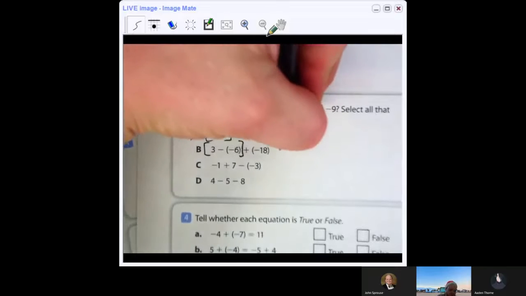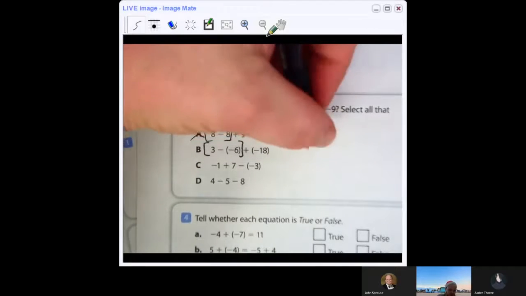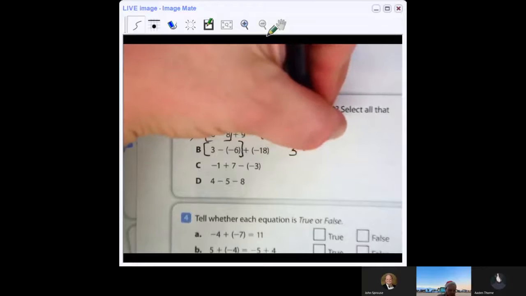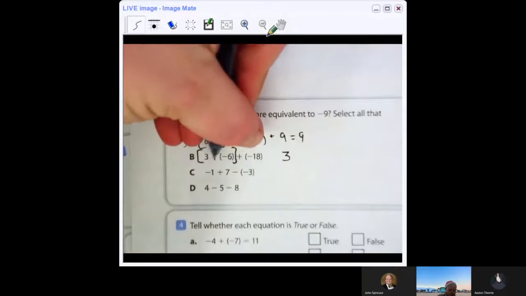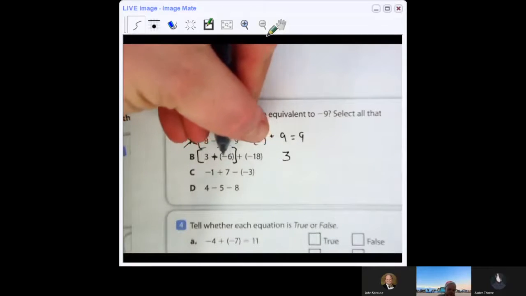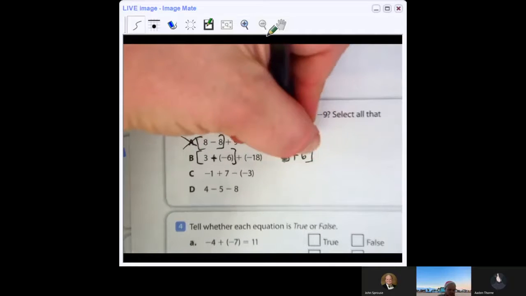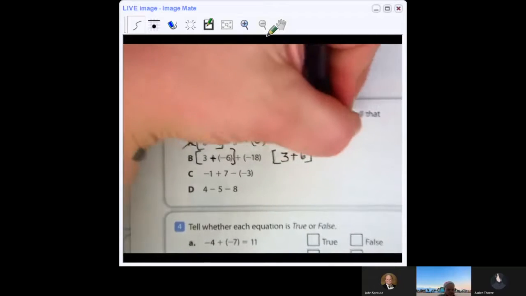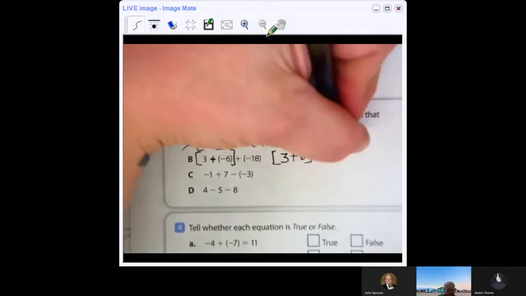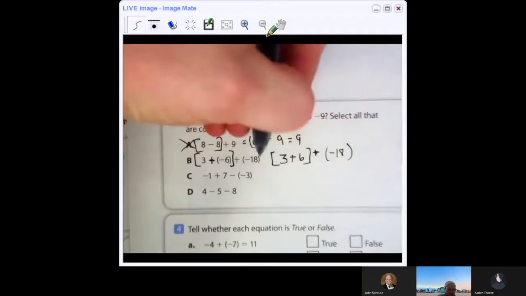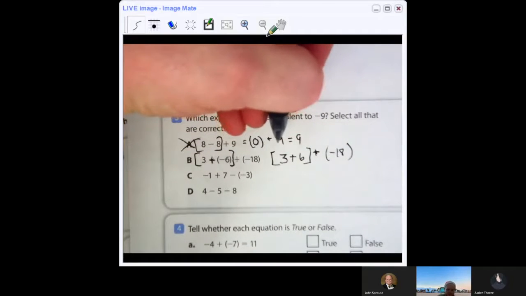Well, remember, subtraction is just adding the opposite. So I have 3 adding this and changing the opposite of negative 6 would give me 6 plus negative 18.